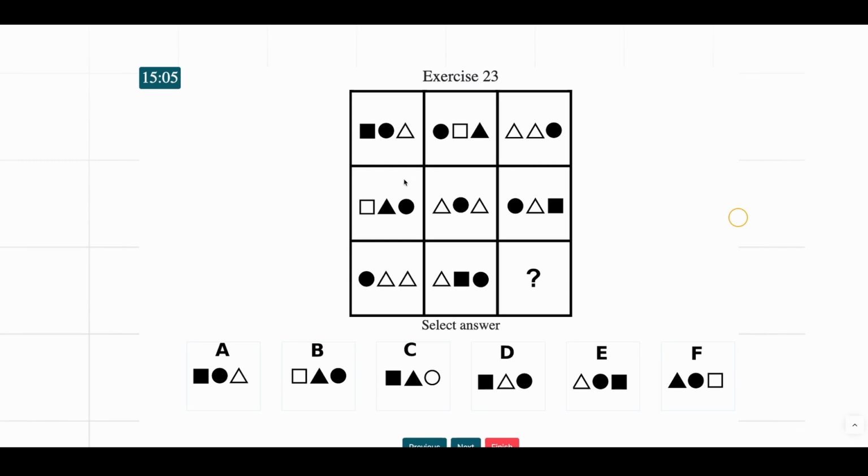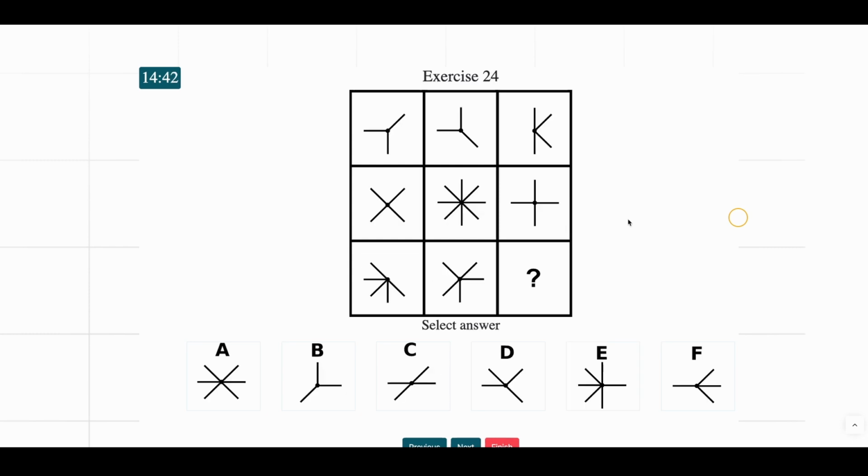So, by this logic, we can put this middle left tile to the right of the middle right tile, and move the not filled in square to the right side to get a triangle, circle, square, and that means that the answer is F.